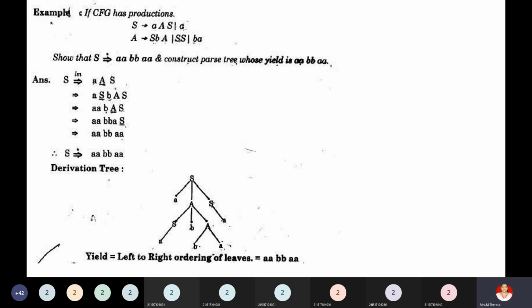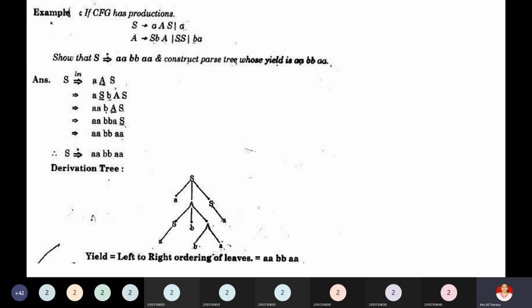So here is another example. If a context-free grammar has a production, here you have 2 non-terminals S and A, and there are production rules given for that. S tends to AAS or A; A tends to SbA or SS or ba.